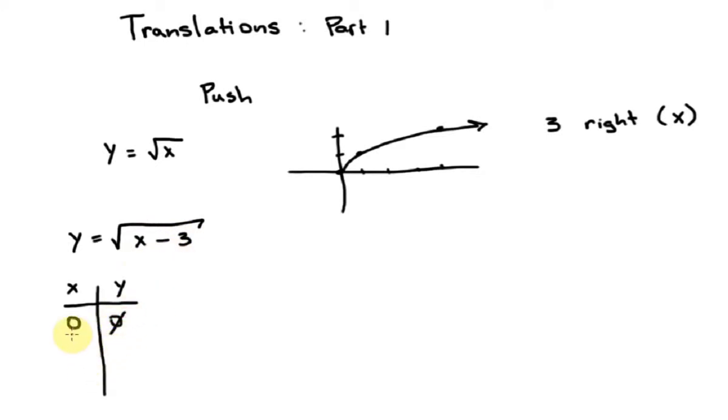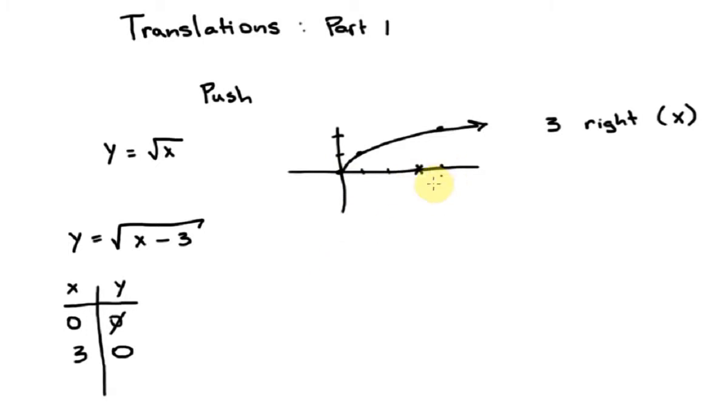And that would be true with 1 and 2 as well. In fact, it's not until I plug in 3 that I can actually get a value for this. So 3 minus 3 is 0, and when I square root 0, I get 0. Oh, isn't that interesting? So it's almost as if the point (0, 0) got bumped over to here.